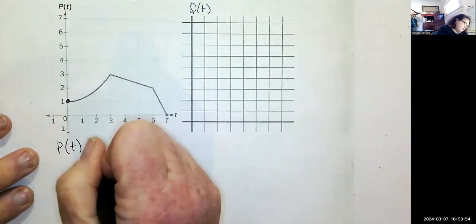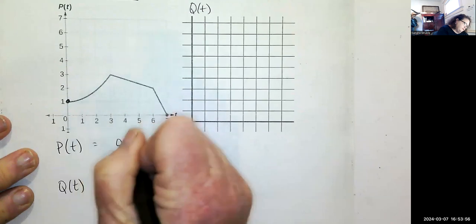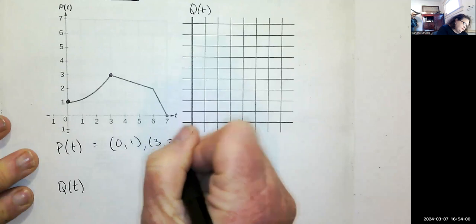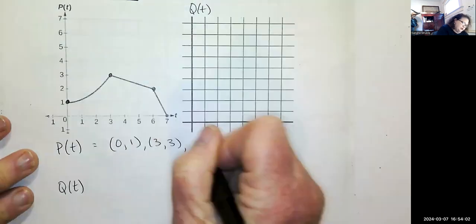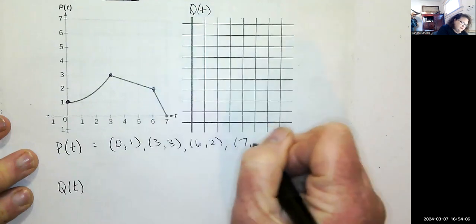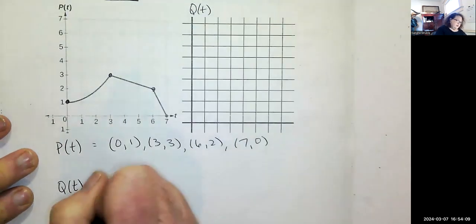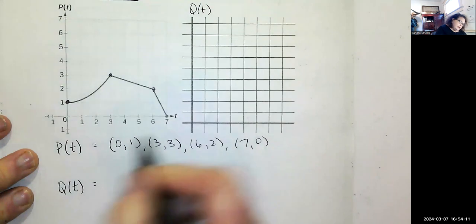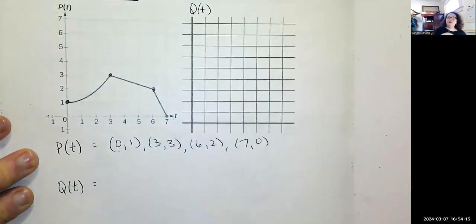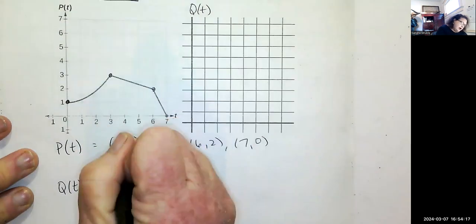So we've got 0, 1; 3, 3; 6, 2; and 7, 0. All right. What you need to understand is the 1 through 7, which is your X values or your T values, is time.